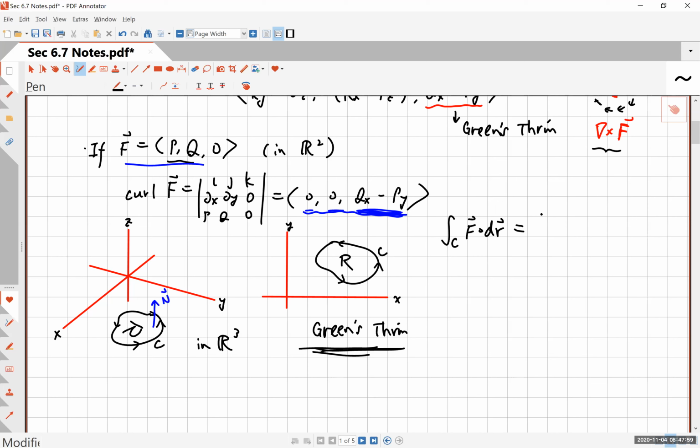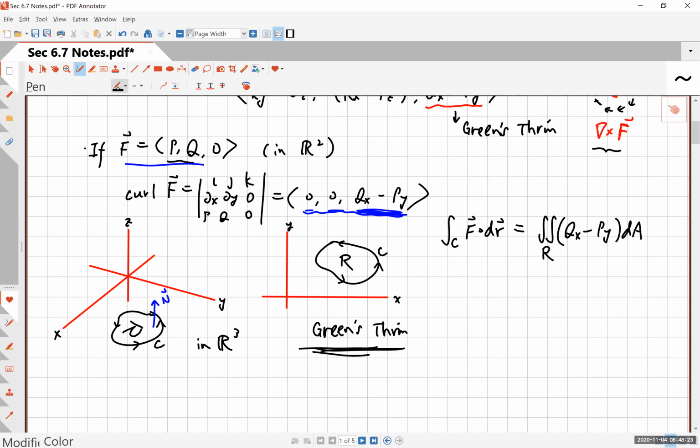This line integral about the curve C of the vector field f is equal to the double integral of qx minus py dA. This is what we said.